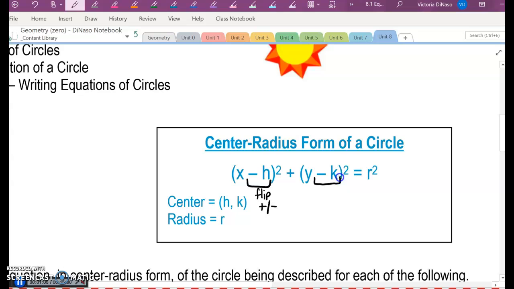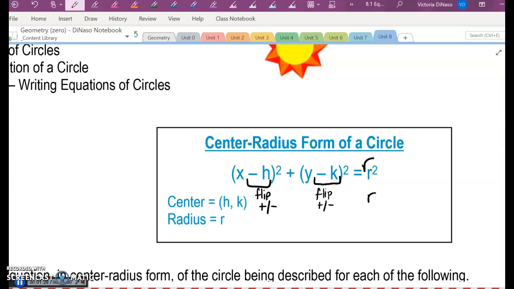And then, again, you're going to flip the sign when taking out the center, okay? For r squared, if you want to find just r, you're going to have to square root the r squared, and that's how you get a normal radius. R means radius.